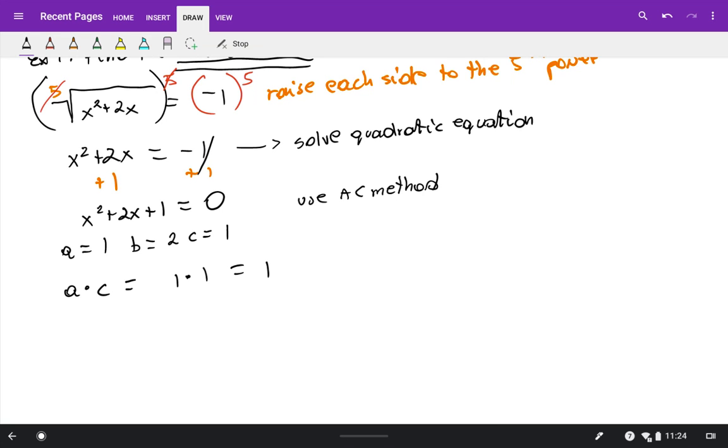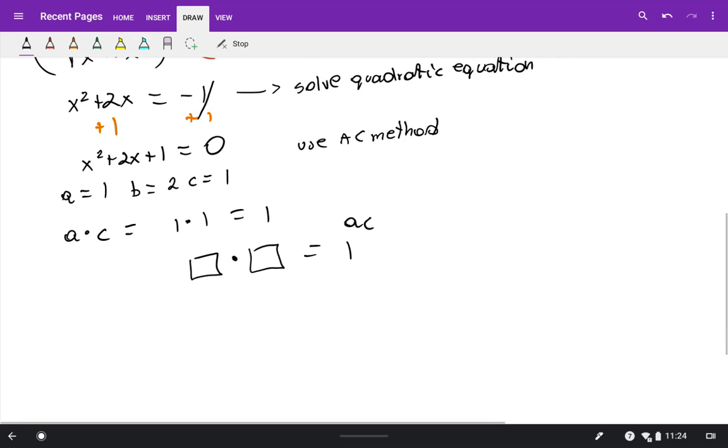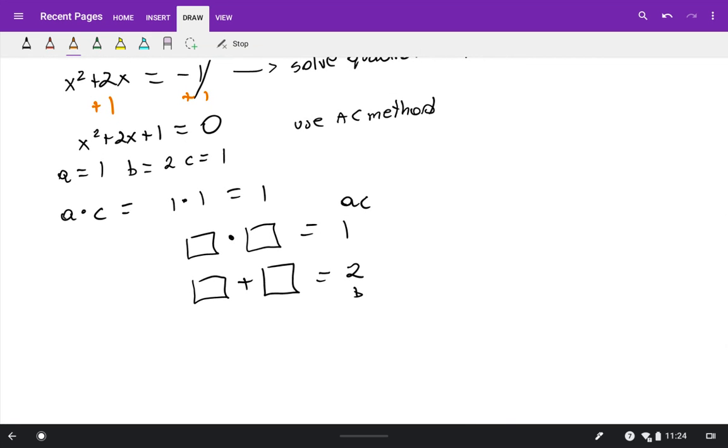Next, you have to find two integers which by multiplication give you 1, which is our AC, and the same two numbers by addition have to give you the coefficient B, which is 2. It's like playing a game, checking what's going to work. 1 and 1 will work.